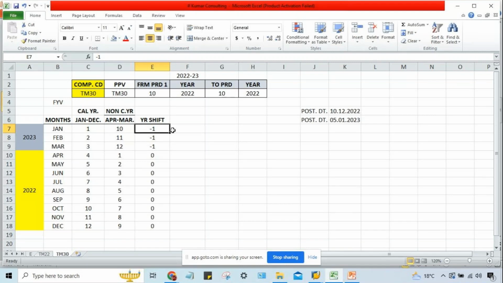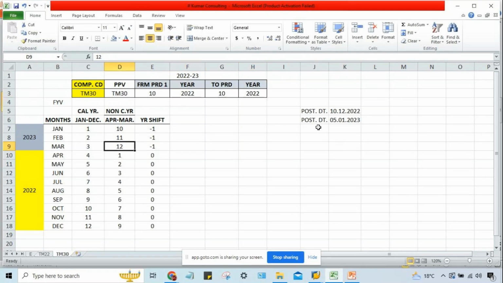It means you are telling SAP that whatever the year of the posting date is, that year must be shifted by -1. So 2023 -1 equals how much? 22. So SAP will come to know: January equals the 10th period, and it is 2023, but it must be shifted by -1. So 2023 -1 equals 22. So now the correct year is open, right?